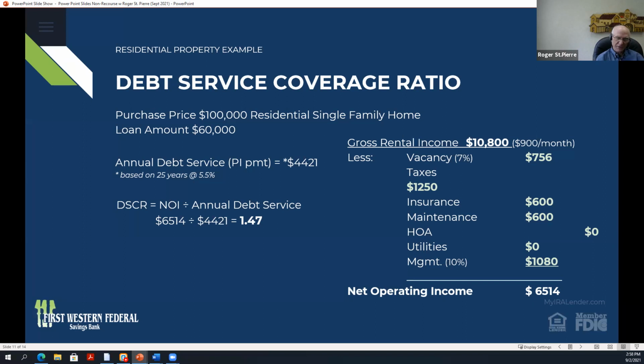I guess the thing to keep in mind as an investor out there is, if you are going to go into the short-term rental business, be sure that the community you want to invest in allows that, because there are many communities throughout the U.S. and condo complexes that do not allow short-term rentals. So you don't want to go into a deal thinking, wow, I'm going to make a home run, I'm going to get $5,000 a month out of this house, and then find out, no, long-term rentals only.